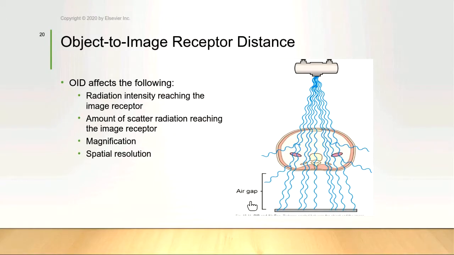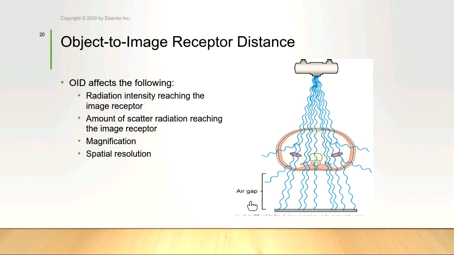So we do our best to minimize distortion. And remember, that positioning book is already set up so that someone has already figured out that if we use the maximum SID and we put the patient in a position where it's minimizing OID, whether that's PA or AP.